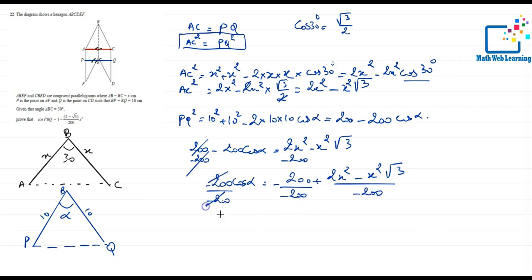These two will eliminate each other, so we'll have cos alpha equal, now this will turn to plus 1, right? Now plus and minus will give you minus, of course. And then here you cannot cancel down these 2 because we don't have a 2 here, right? So the only thing you could do is factorize.